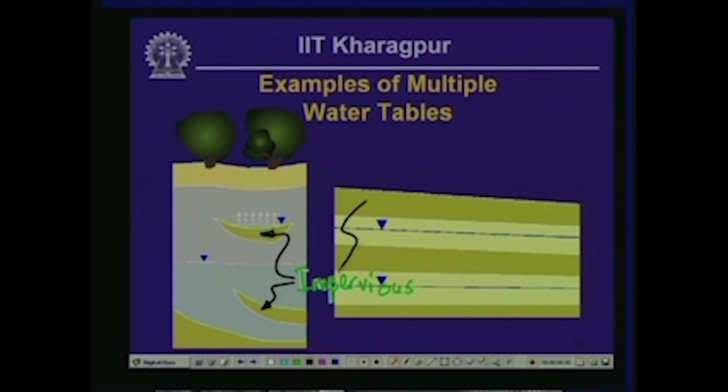On the impervious layers might be supported an isolated source of groundwater, and this type of groundwater is called perched groundwater, perched water table, that is.